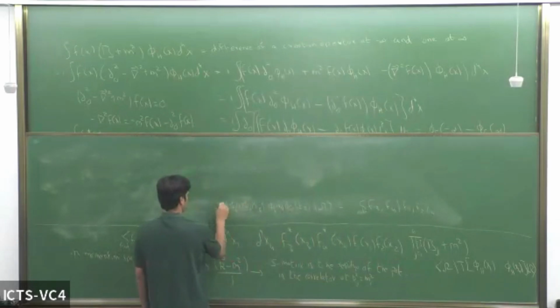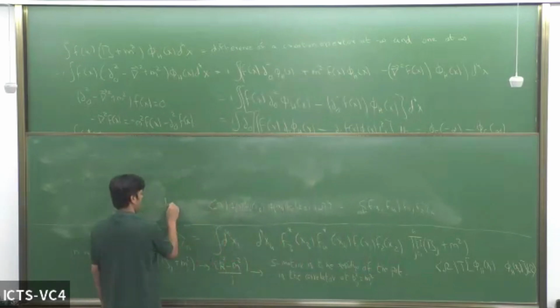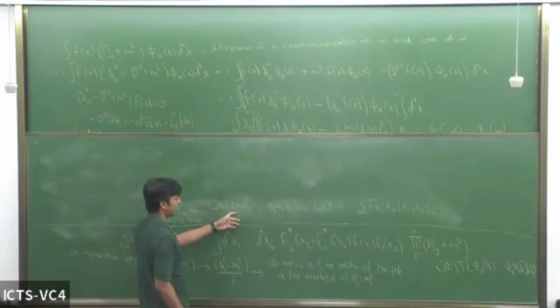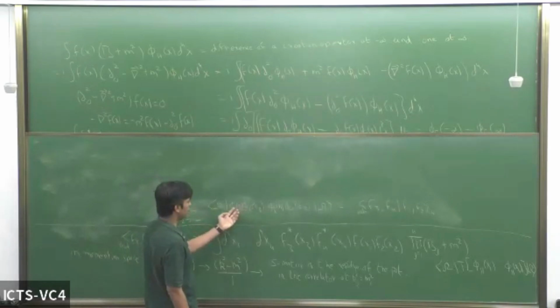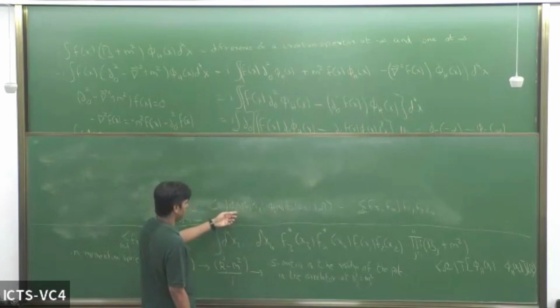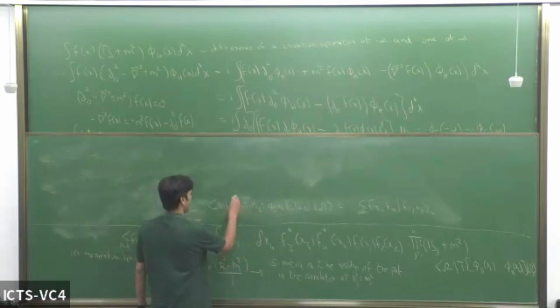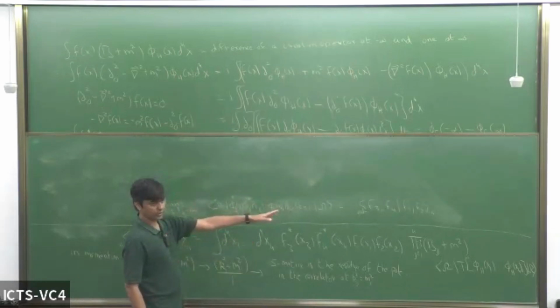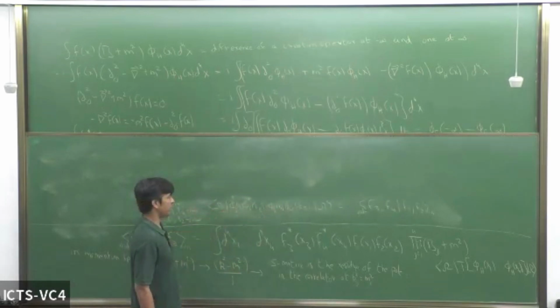The T1, T2 ordering doesn't matter, but here I've put an ordering. Look, later is to the left. These are the later operators there to the left. If you wrote this formula with these guys to the right, it wouldn't work. Okay. So these operators are to the left, those operators are to the right.